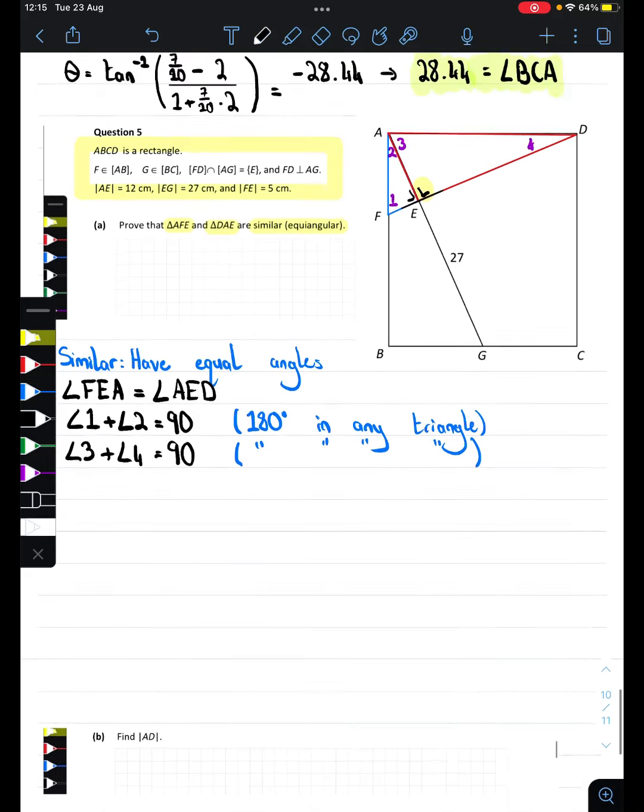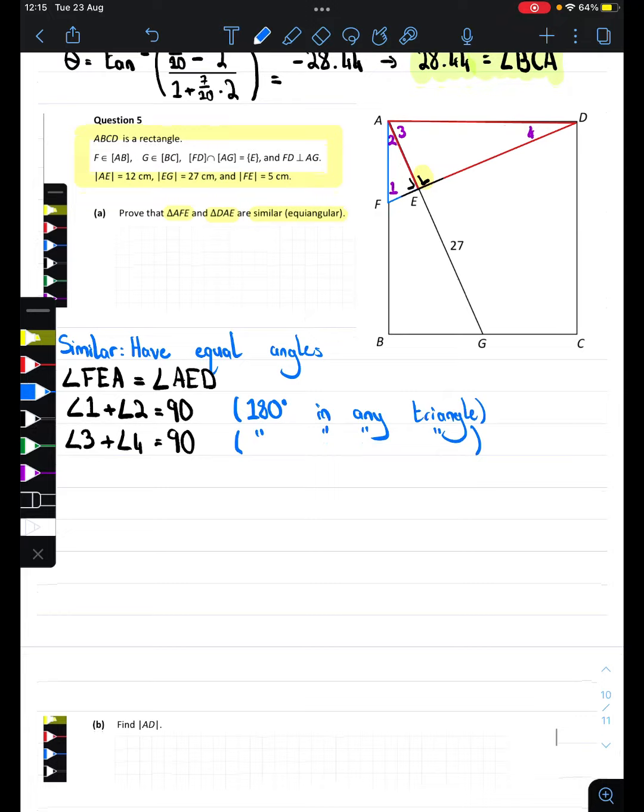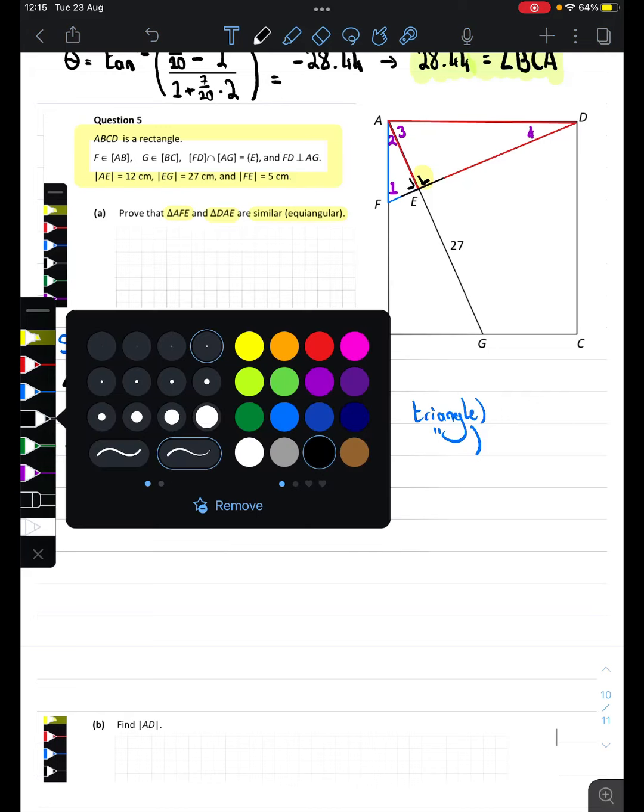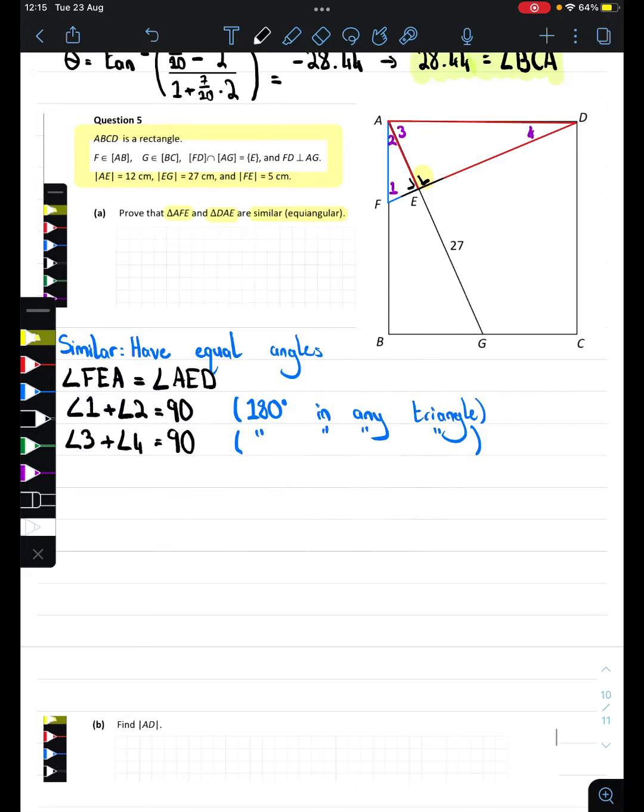Now, since the whole thing is a rectangle, this angle here is a right angle. So angle 2 plus angle 3 is also 90.